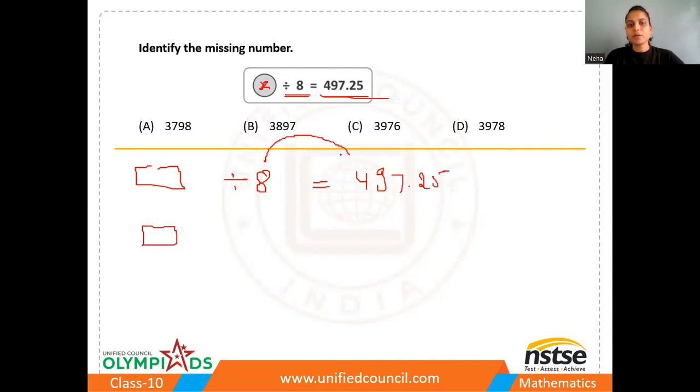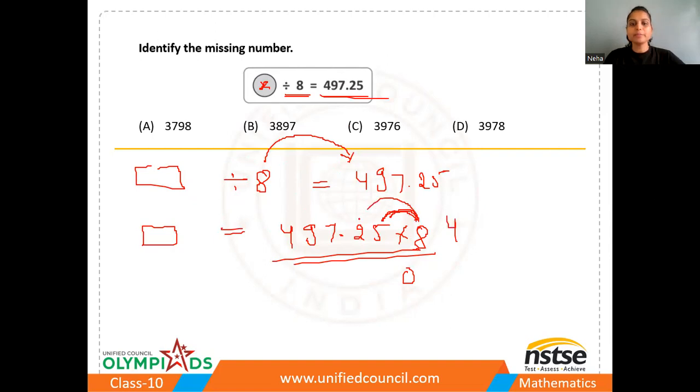Let's move this 8 to the RHS. This is in division, so when we move it to the other side, it becomes multiplication. So this is 497.25 multiplied by 8. Now when we multiply by 8, what do we get? 5 times 8 is 40, so 0 carry 4. 8 times 2 is 16, 16 plus 4 is 20, 0 carry 2. 8 times 7 is 56, 57, 58.